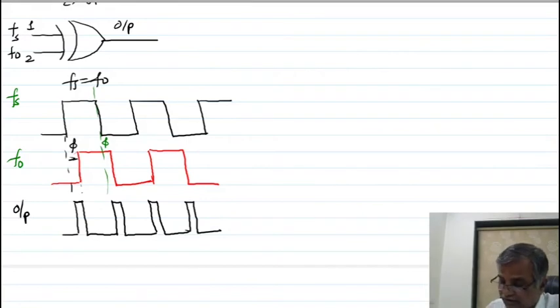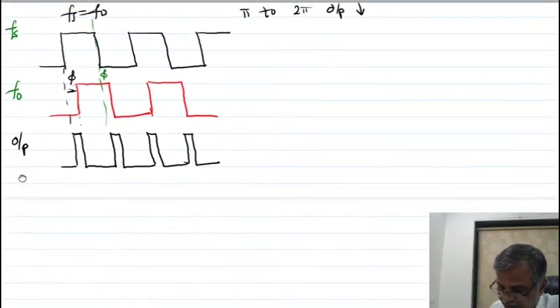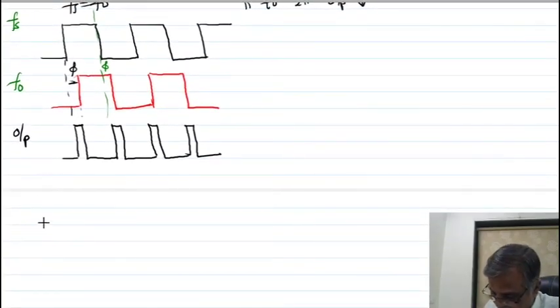So this shows that as phi increases, the output voltage increases. From 0 to pi phase, the output increases. From pi to 2 pi, the output decreases. So I can plot the graph in this way. I am showing you a graph like this.